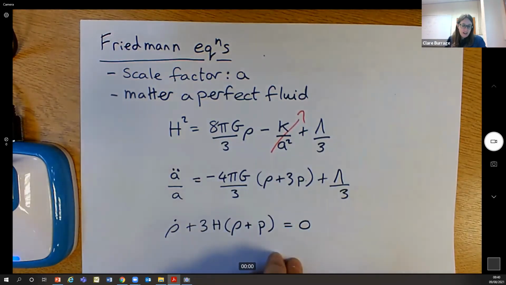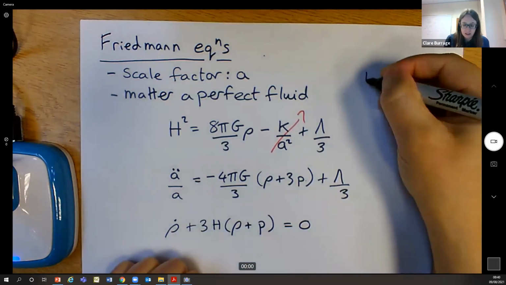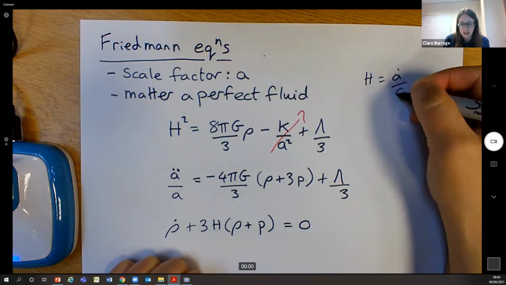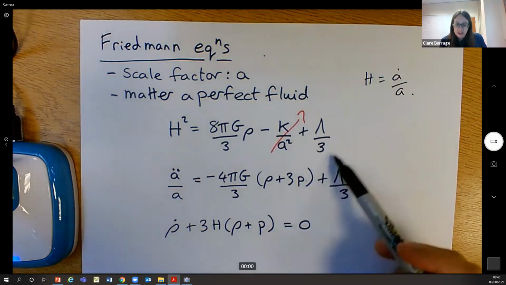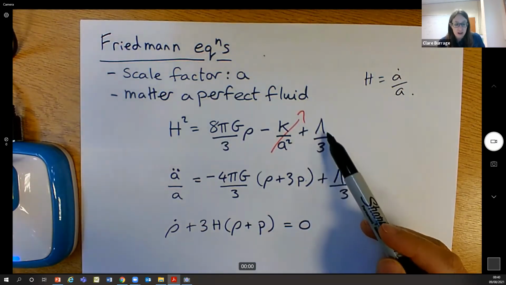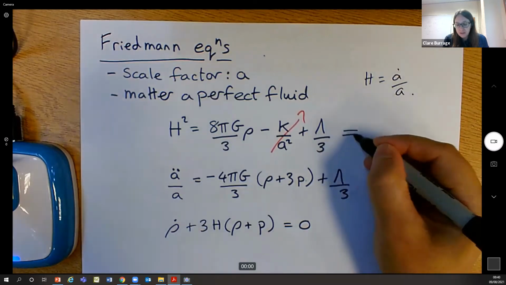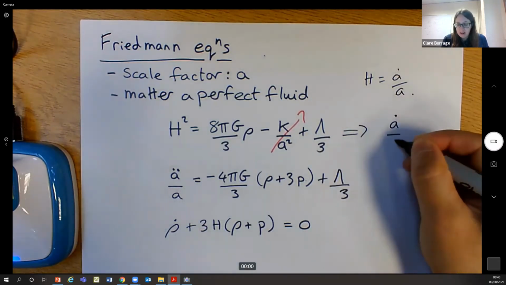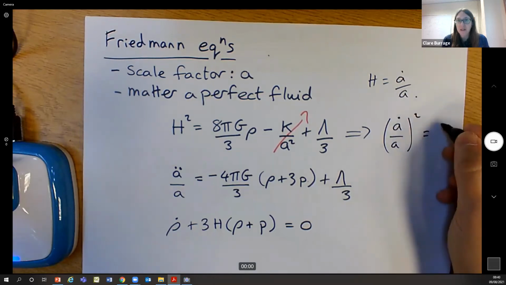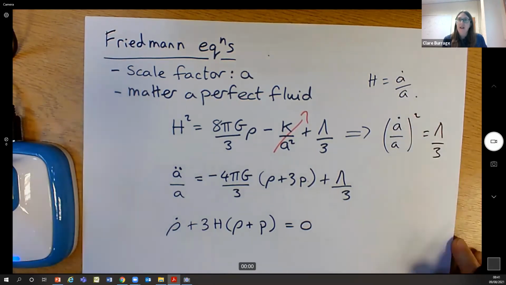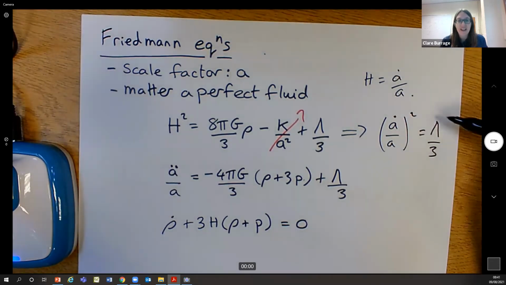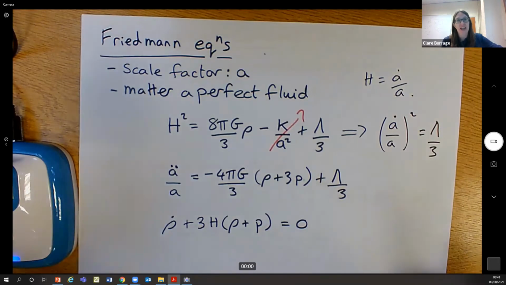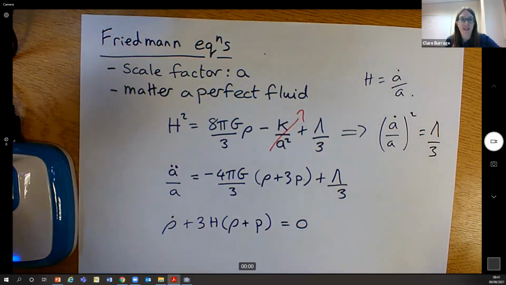Well, I should have said that obviously the Hubble constant is A dot over A. Now, if we have a universe that's entirely dominated by a cosmological constant, so lambda is really a constant, then our Friedmann equation tells us that A dot over A has to be a constant. And that's where our exponential expansion is going to come from.